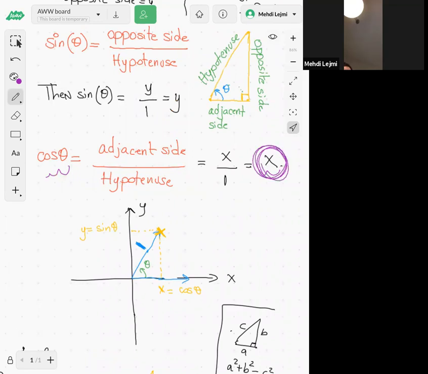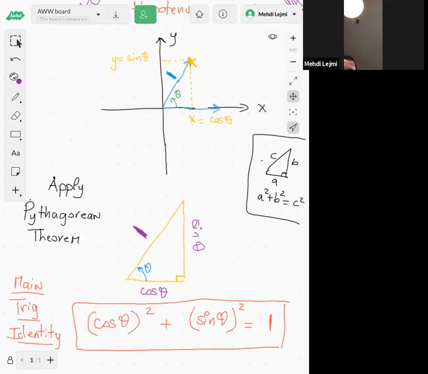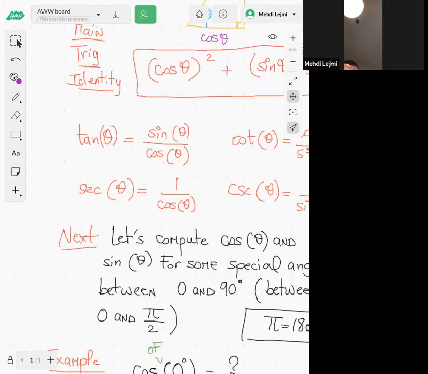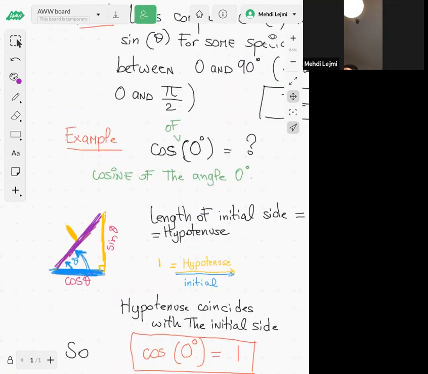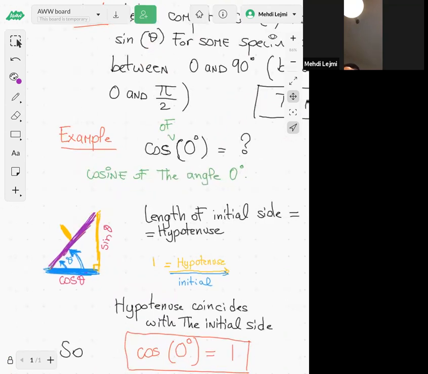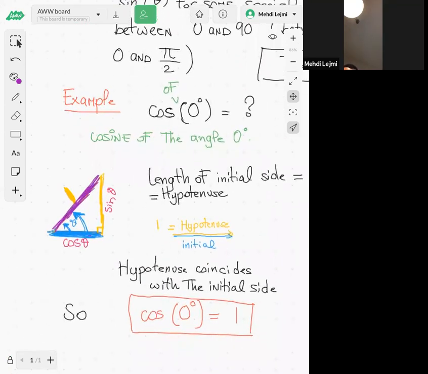This x is supposed to be the length of the adjacent side, and we need the hypotenuse to be equal to 1. Otherwise, the adjacent side is not really exactly the cosine.